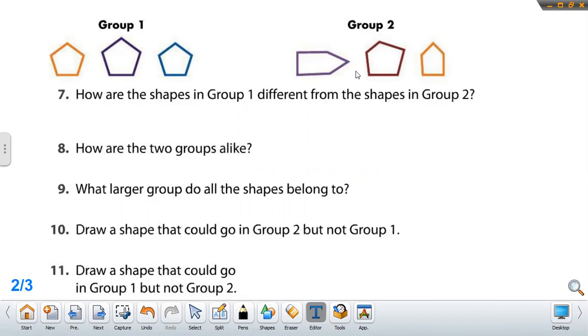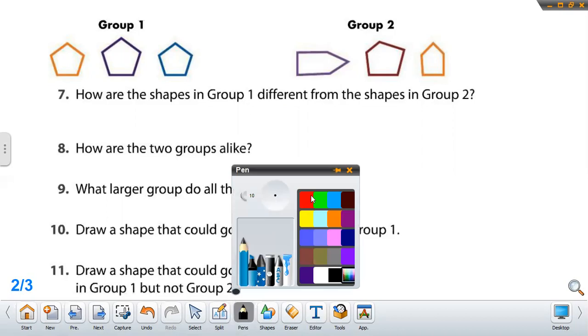Let's focus on the number of sides. Here I have 1, 2, 3, 4, 5, so we have 5 sides. Let's count the number of sides in the second group.